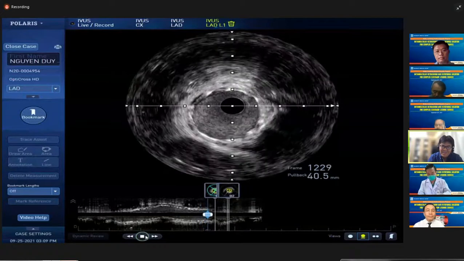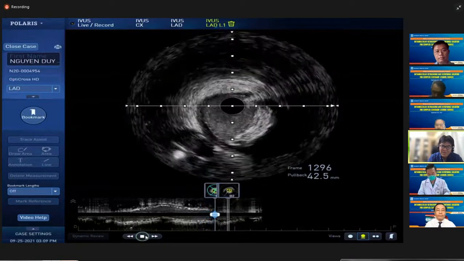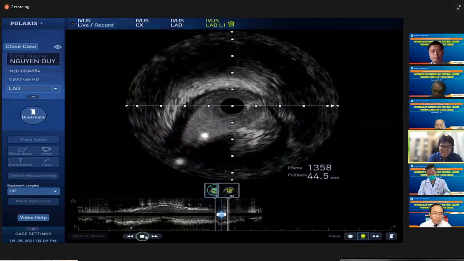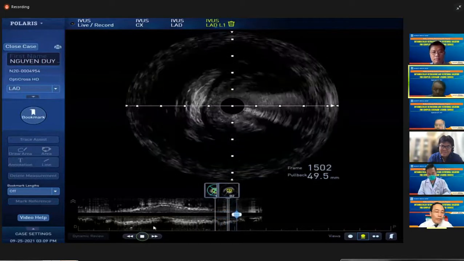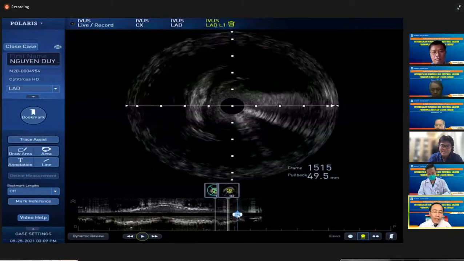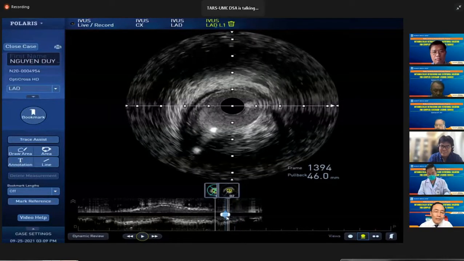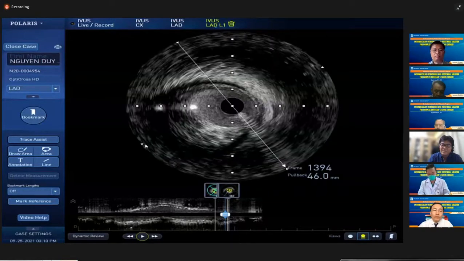How about the angle between the main branch and the side branch? Yeah, the angle between the main branch and side branch, we can merge it. I will show you the angle of the circumflex by the inverse finding. Okay, please show the inverse finding with the angle.